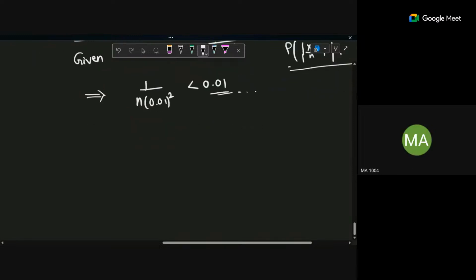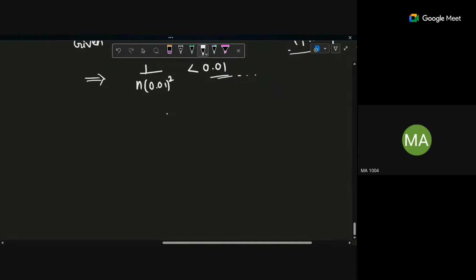Okay. So by just shifting your 0.01 square to there, what we will get? 1 by n is less than what? 0.01 cube, right? Yes, ma'am. That's fine.